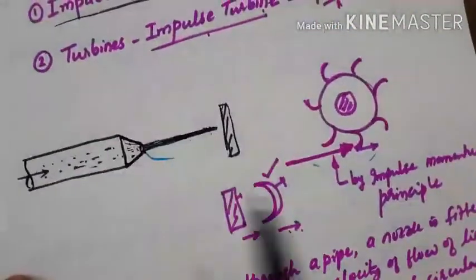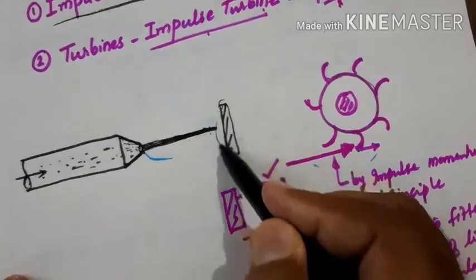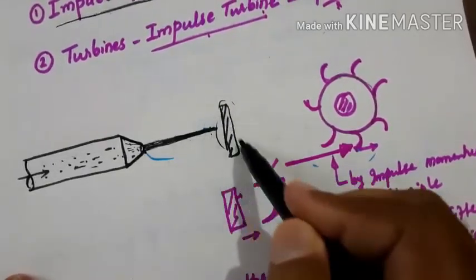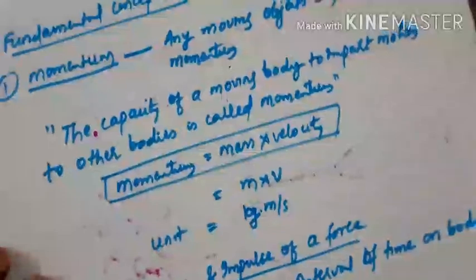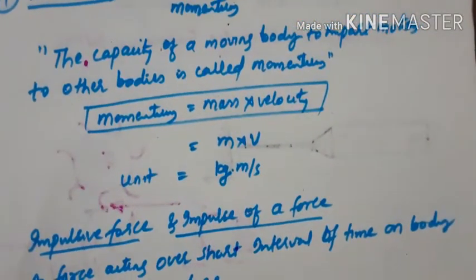Here a jet is imparting a force on this plate, which makes the plate move also. So this impulse momentum concept will be used here. Please go through it once again and try to understand this principle.